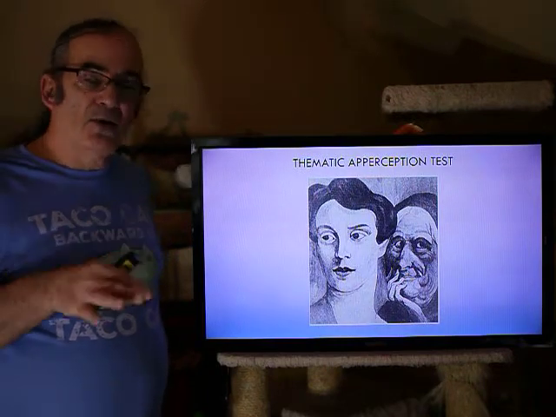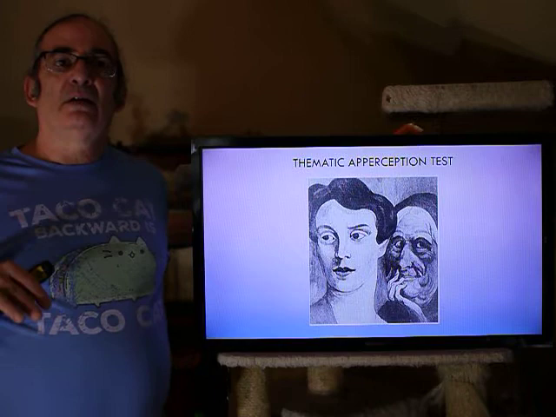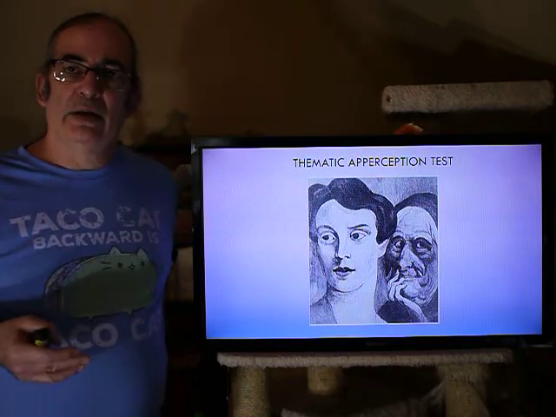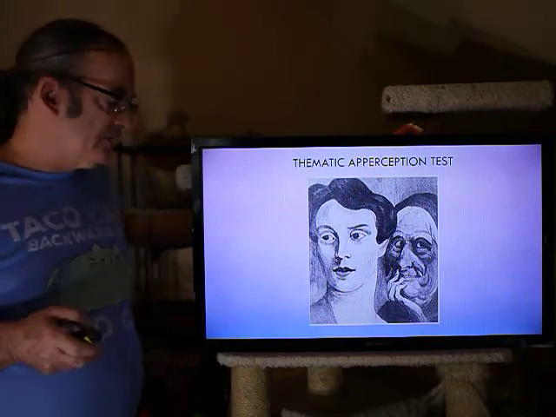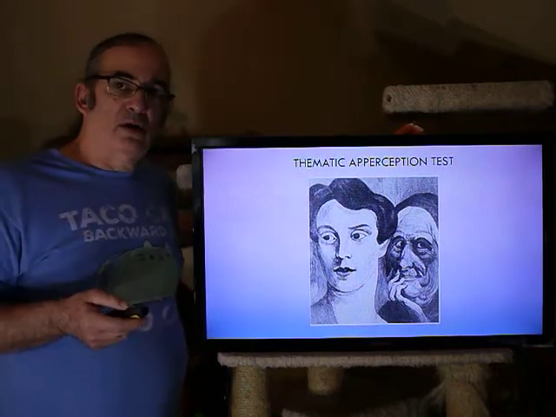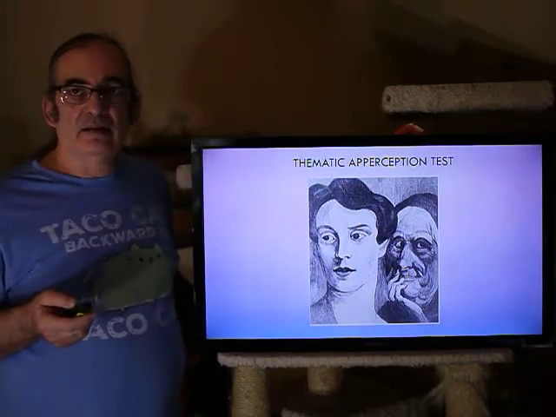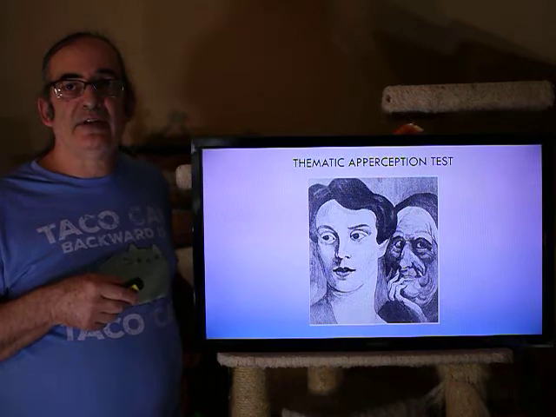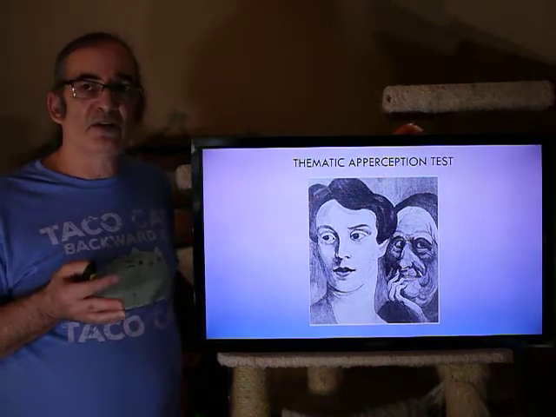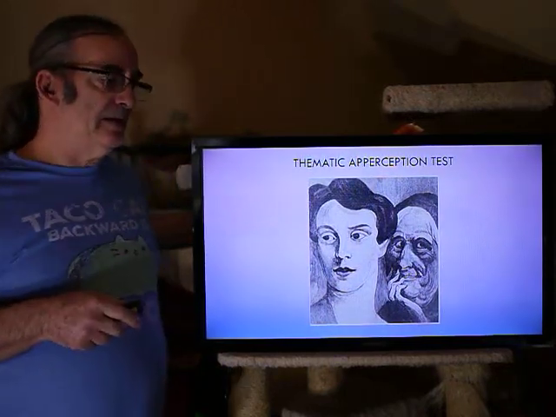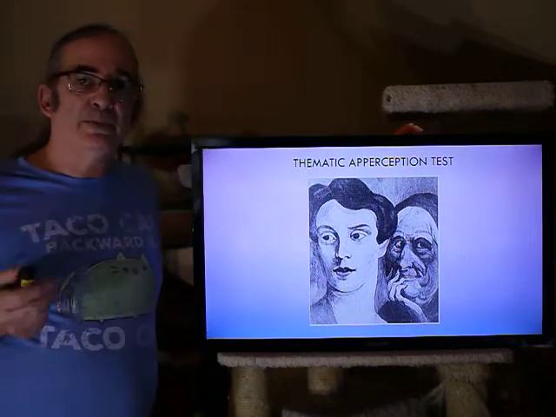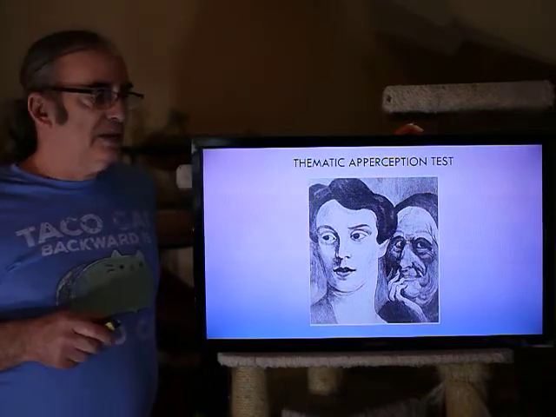Now notice this is totally on the down low. The participant has no way of knowing what's being assessed or how it's being assessed. The benefit is it's kind of hard to fake, unless a person is relatively savvy about how projective tests work in psychology, and then we could certainly manipulate it. But for the average person off the street, no, they're not going to be able to do so.